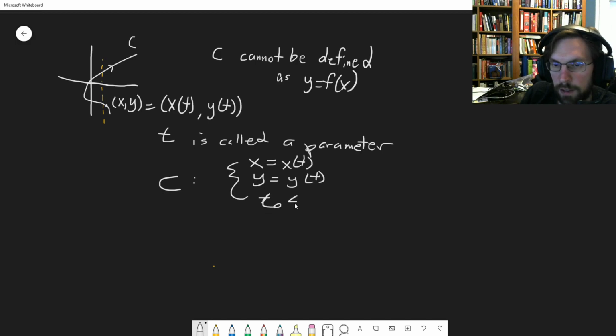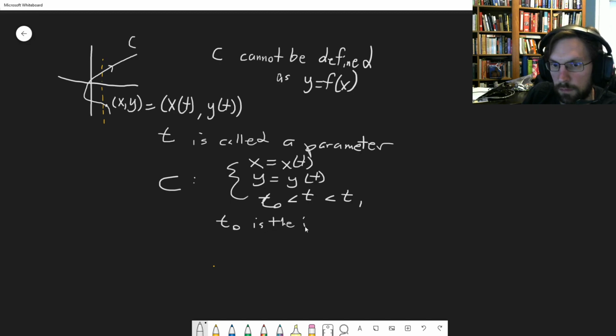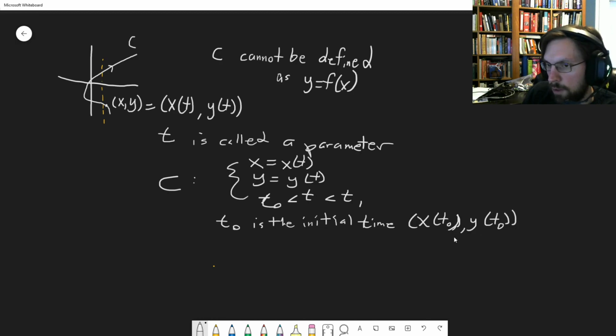we may or may not say t goes between some initial time and some terminal time. So t0 is called the initial time, where x of t0, y of t0 is called the initial point.